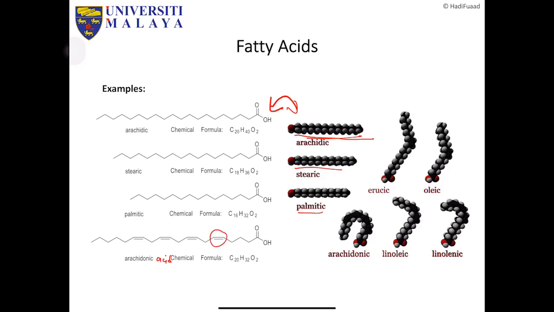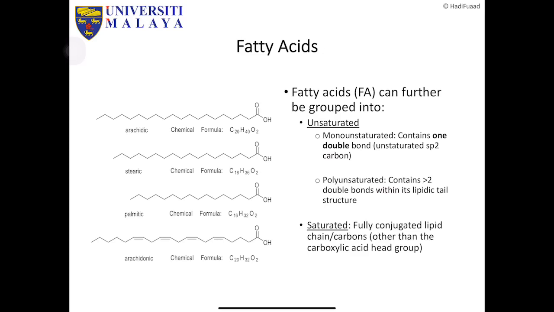But once you have an unsaturated fatty acid, you can see the structure, if you model it to the minimum energy, is kind of bent. Or in other terms, there's a kink on the structure.